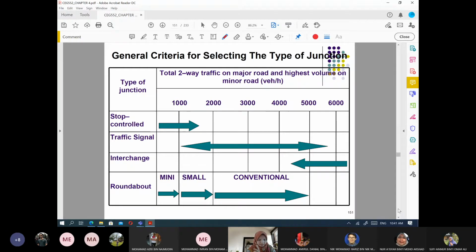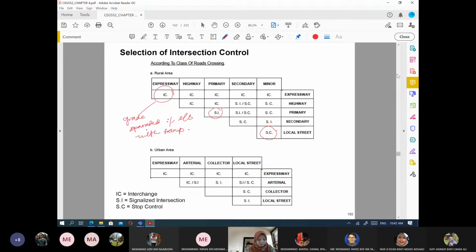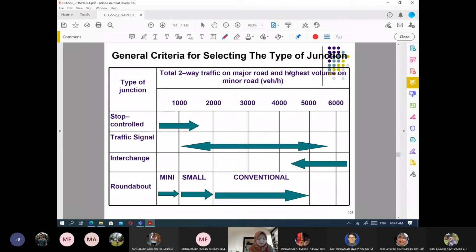Okay, this is another criteria. Another thing besides depending on the type of the class of road, it is also depending on the number of vehicle, volume. Volume on what? Volume on minor road. Okay, so kalau volume dia 1000 macam tu, kita hanya perlukan stop control, right?